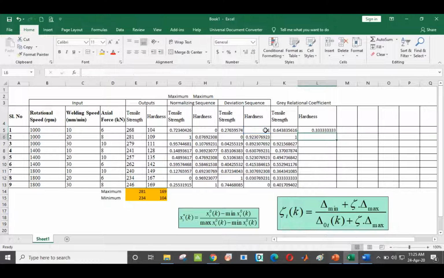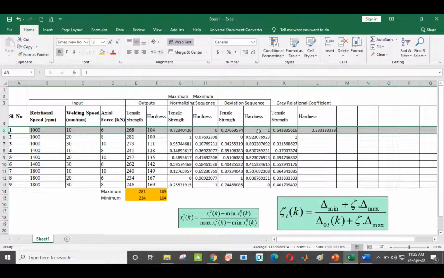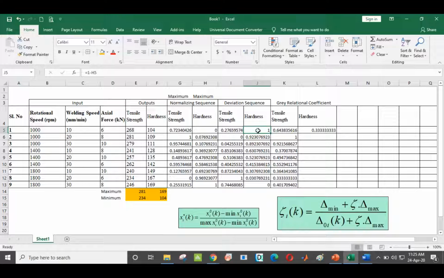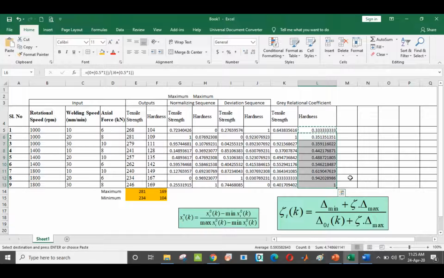Just enter. So I will check the formula here. The minimum deviation sequence value is 0 plus eta value of 0.5 into maximum value of deviation sequence, which is 1. J5, that is jth column, 5th row, is the first experimental value of deviation sequence of hardness. Now just copy this and paste.